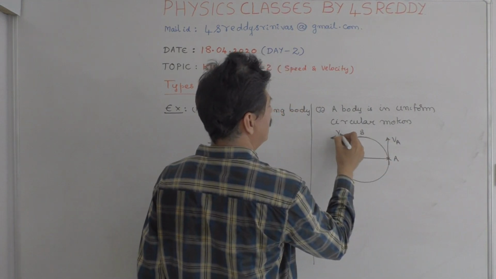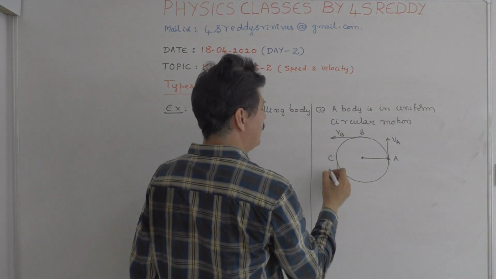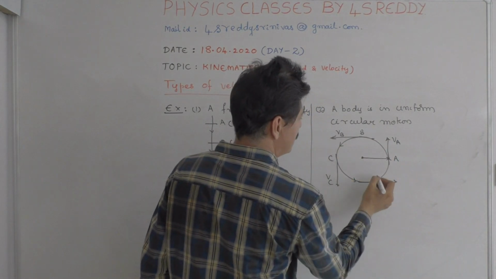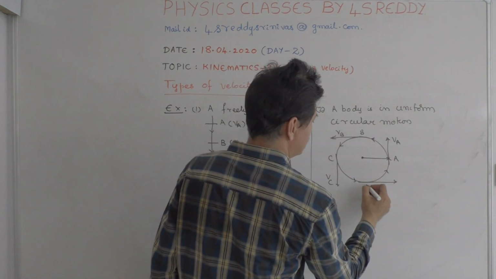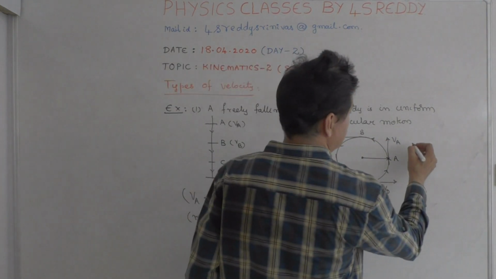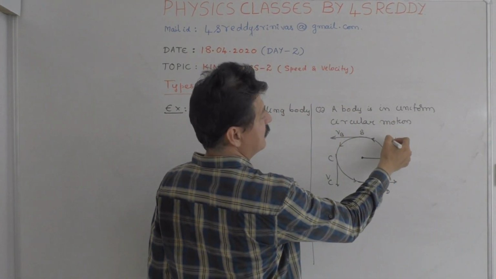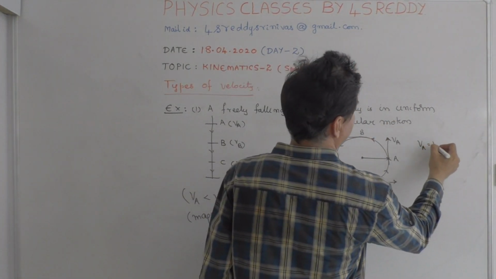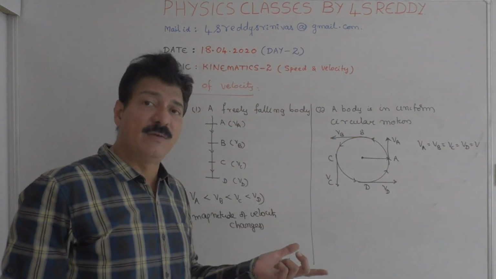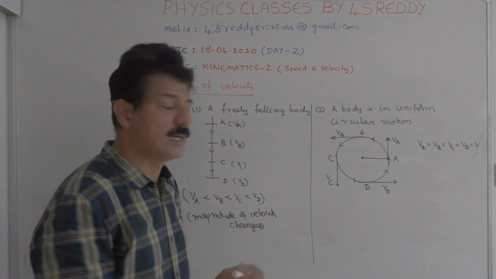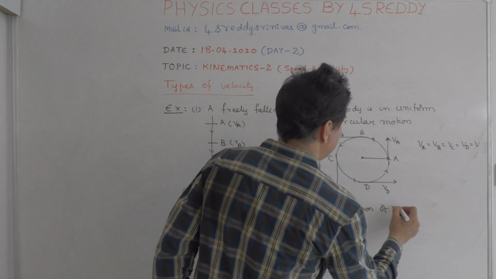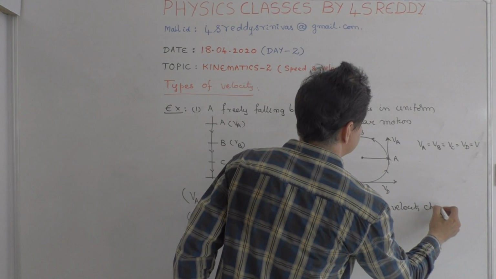Here at B it is VB, at C it is VC, and so on, assuming it moves anti-clockwise. VA, VB, VC and VD are all equal, so the magnitude of velocity is the same, but the direction of velocity continuously changes. Therefore, the direction of velocity changes.